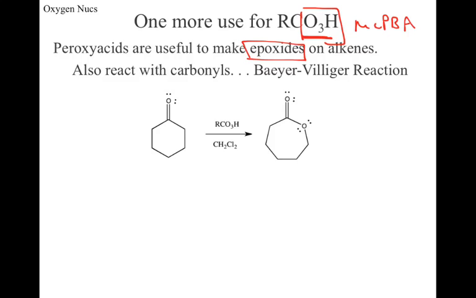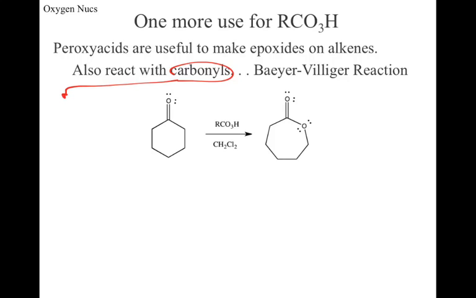Interestingly enough, MCPBA will also react with carbonyl bonds as well. So what we would end up doing is if we take a look at, say, a ketone or an aldehyde, so those are going to be our primary functional groups that we're looking at when we react with these. So our carbonyls need to be ketones or aldehydes.